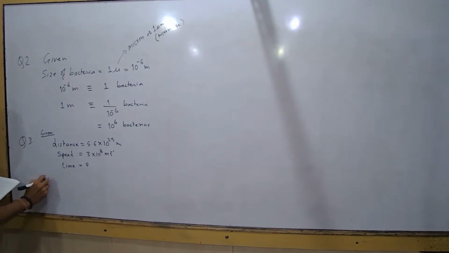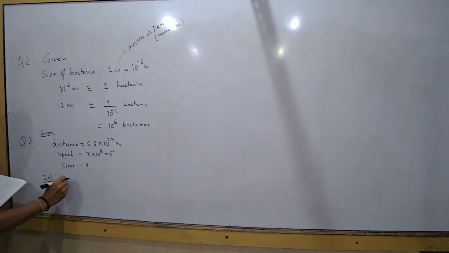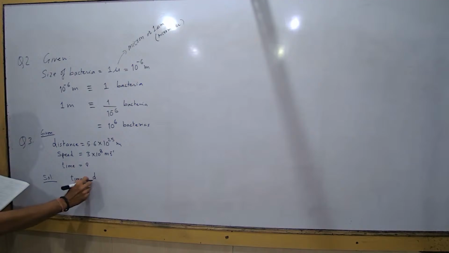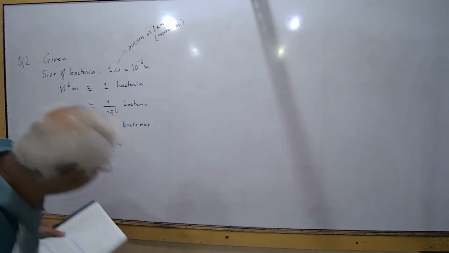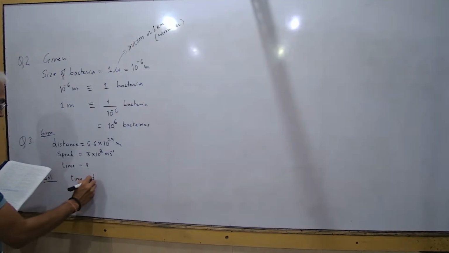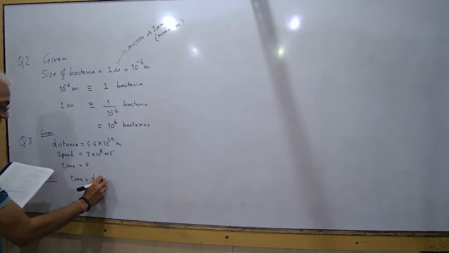Okay. So you have to use the knowledge of the relation between distance, speed, and time. Speed is distance upon time. So time is distance upon speed, d upon v.